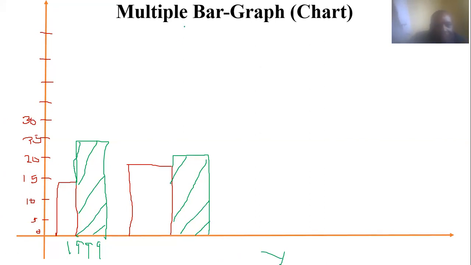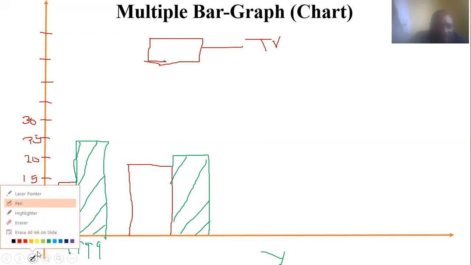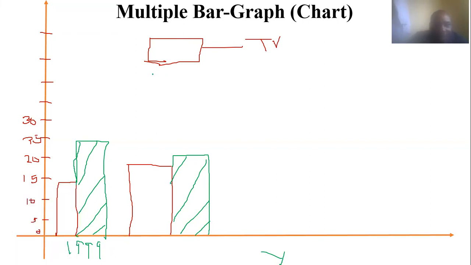For example, you'll draw the legend here and tell us the red one is for TV. And the green one is for the cinema.